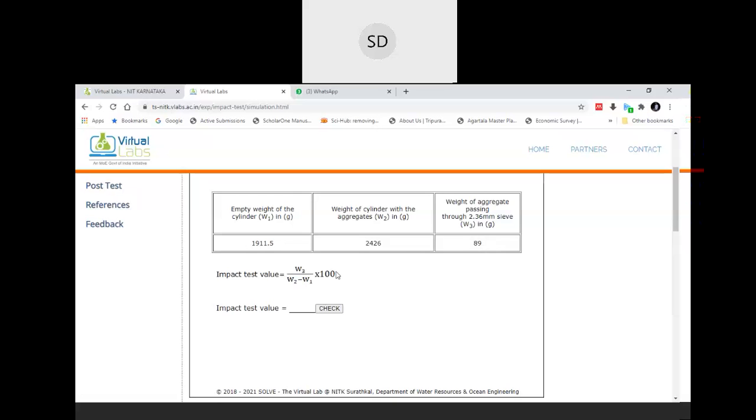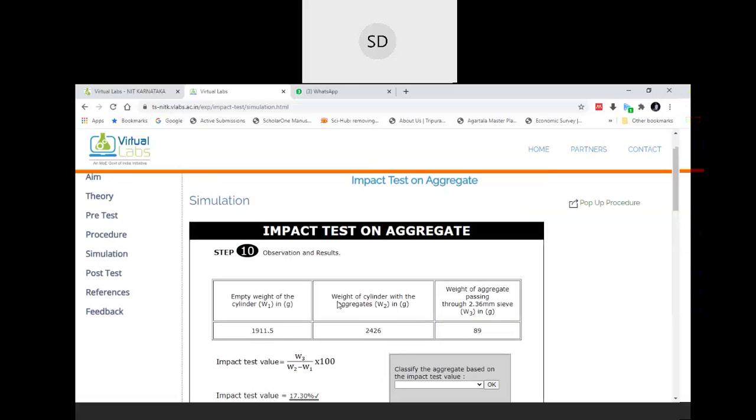So you get the result 226 minus 191, divided by 1.5. Okay, so your aggregate impact value would be 17.30%.